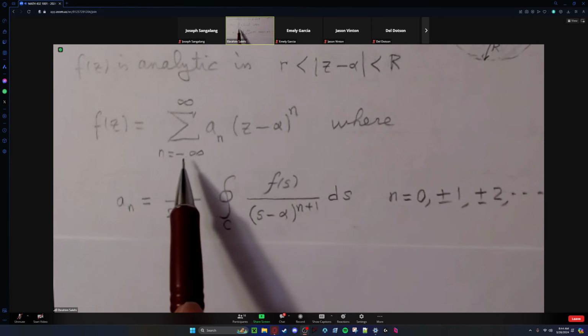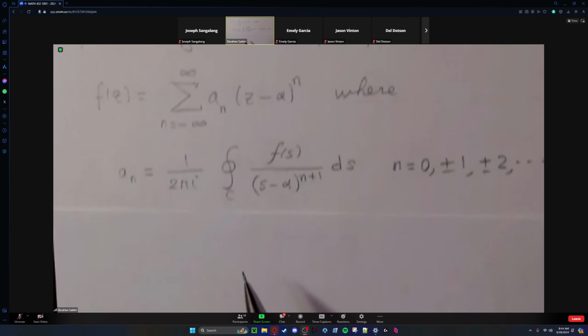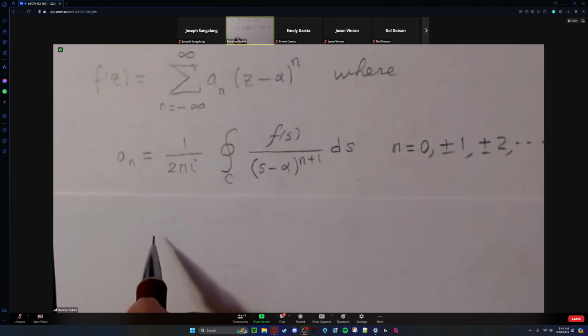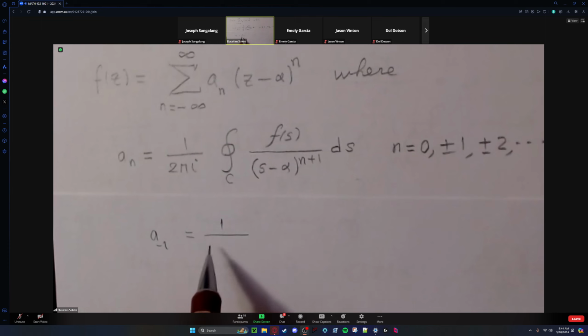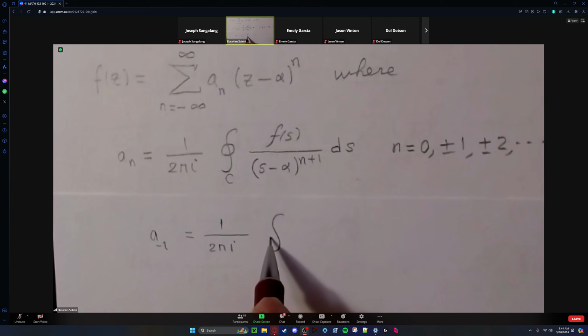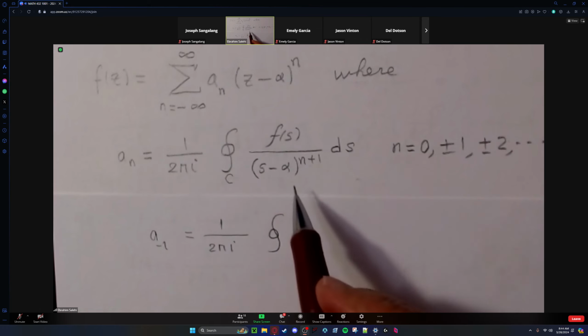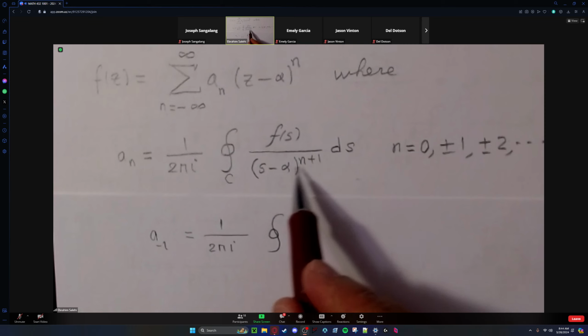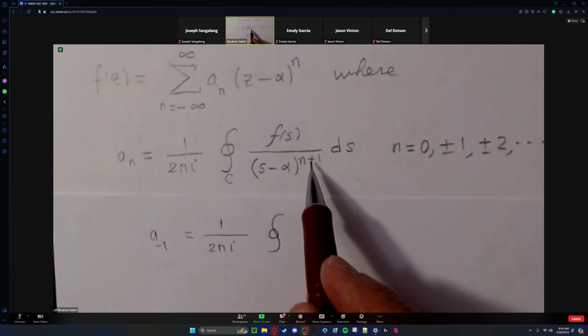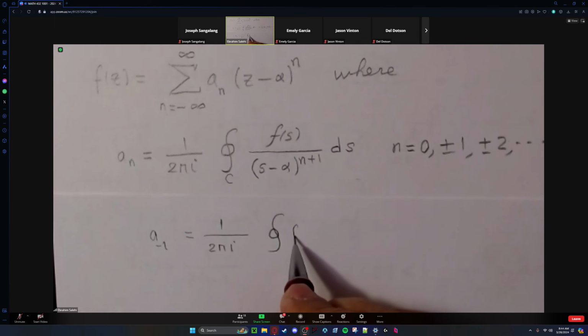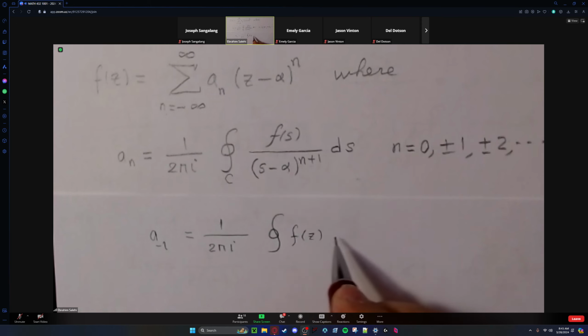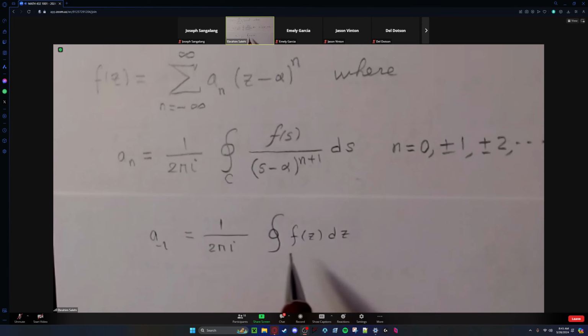But when n is negative, for example, -1, a_-1 is 1 over 2 pi i, the integral over that closed curve. n is -1, so the denominator will be s minus alpha to the 0, which is 1. So it is f of s ds or f of z dz. As you know, the variable of integration is a dummy variable over that closed curve.